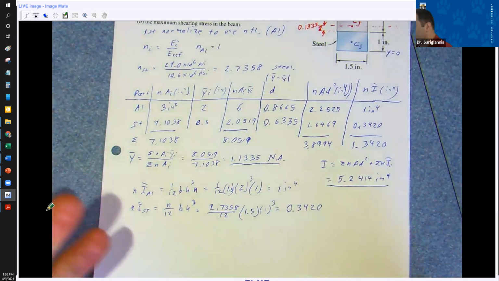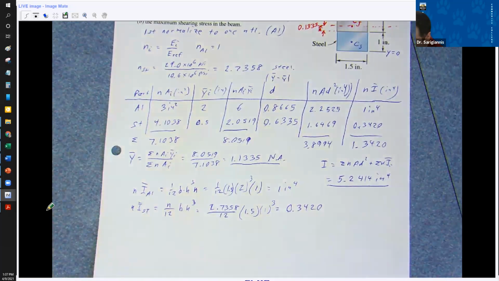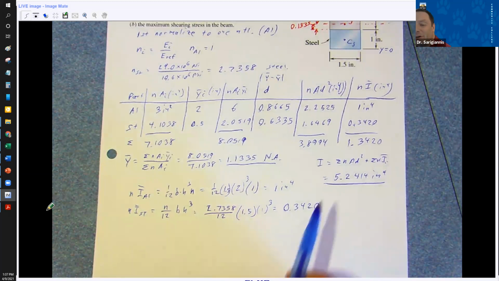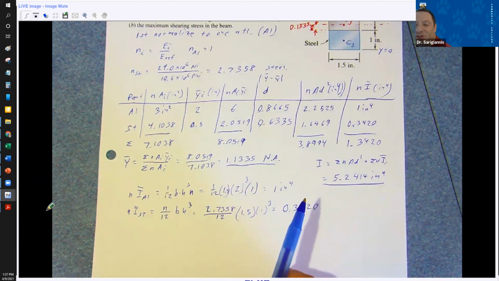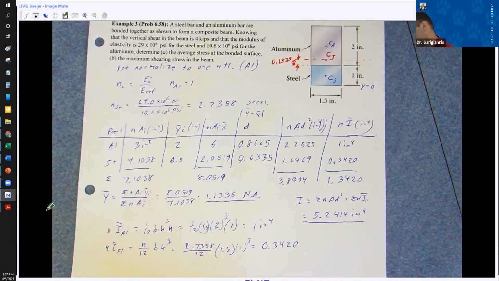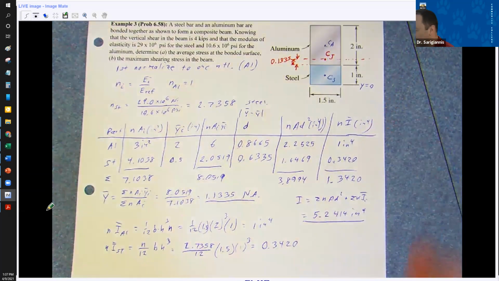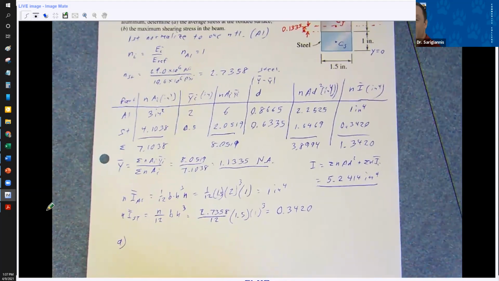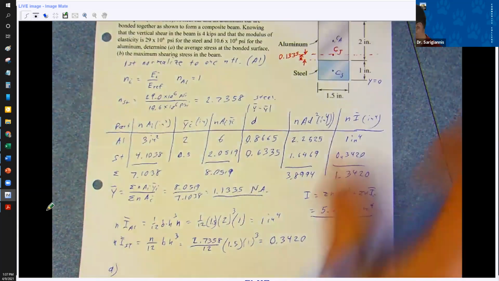All right, this is just setting up the problem. Now we can actually find the average stress. We've got our moment of inertia for the composite beam. Because it's two different materials, you can't just take the geometric moment of inertia here. You've got to solve for it based on the ratios of the Young's moduli that are given.